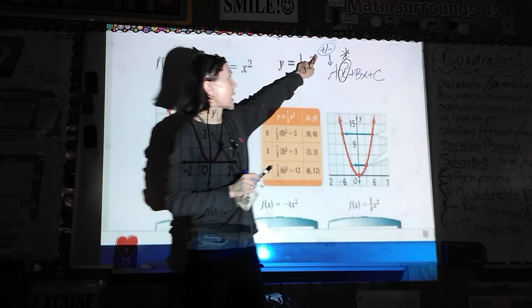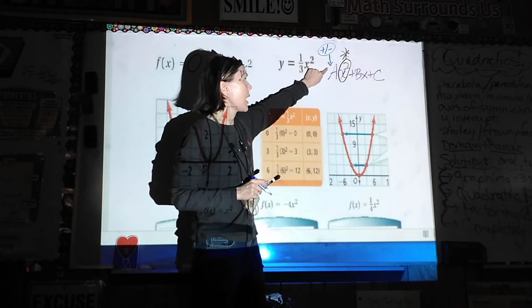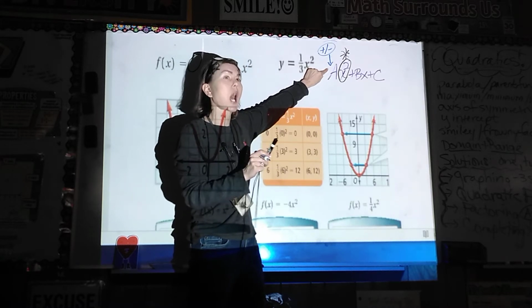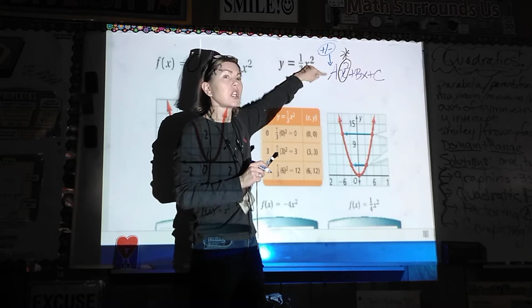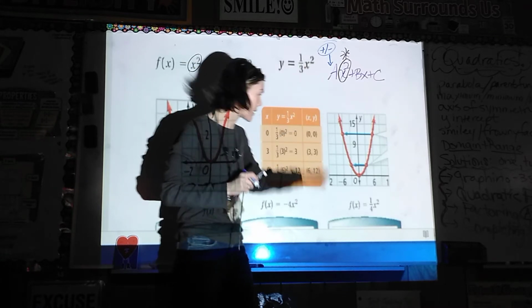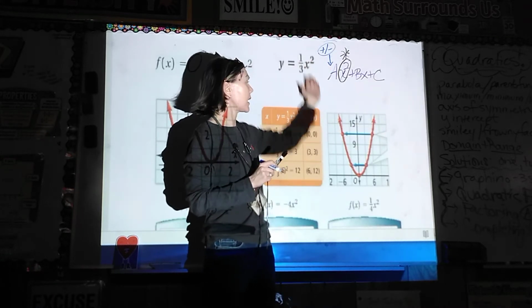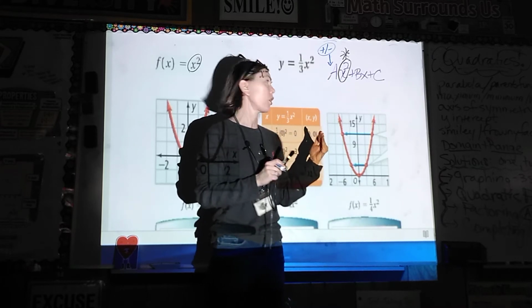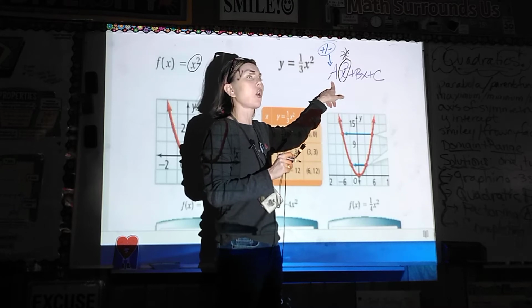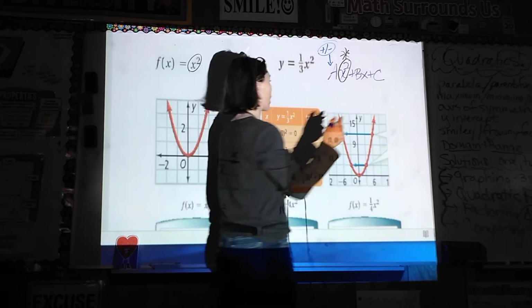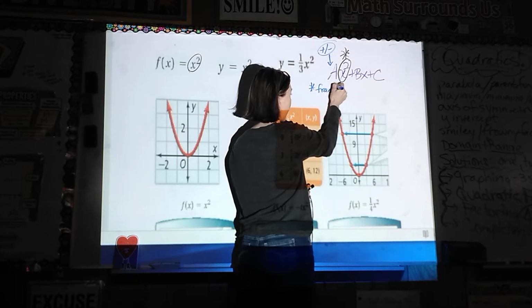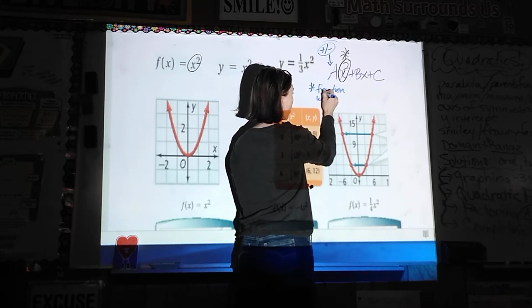So that's why I said put your positive and negative symbol and point it to the a value in your notes, because that's your reminder that this a value, if it's positive, will be a smiley face. If it's negative, it will be a frowny face and it will flip it down. That's a transformation, okay? But this a value can also do something to it, okay? So put a little star and write fraction and whole number.